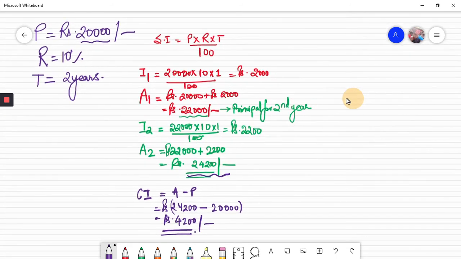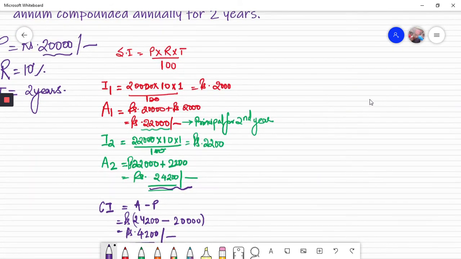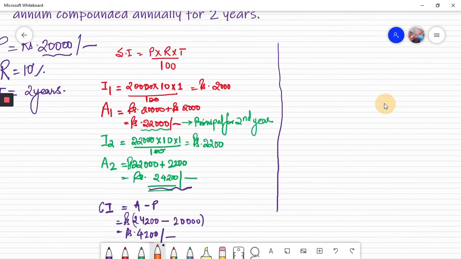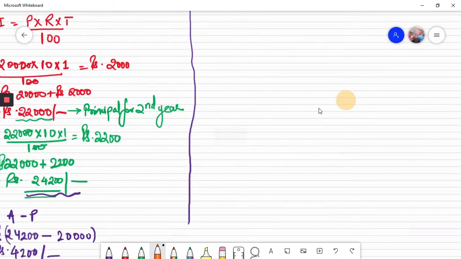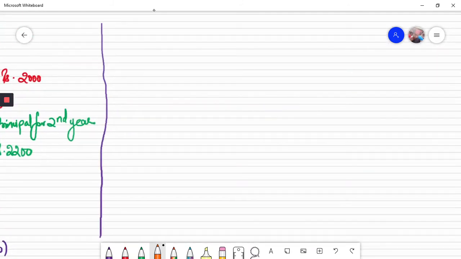So now the next process, that is using the formula. The formula for calculation of compound interest is given as, first we're going to calculate the amount, or you can directly calculate compound interest as well. So amount will be equal to principal into 1 plus r by 100 raised to the power n, where the usual meanings are: this is amount, this is principal, this is rate of interest, and this is time.